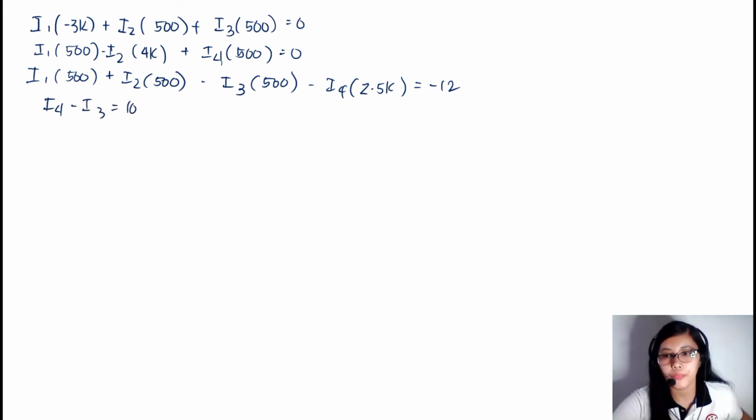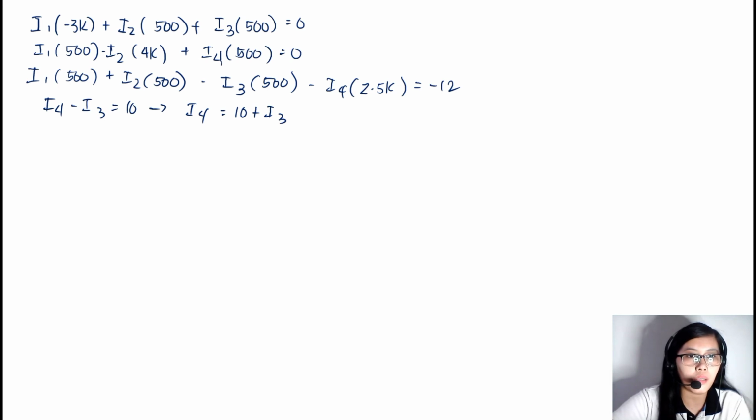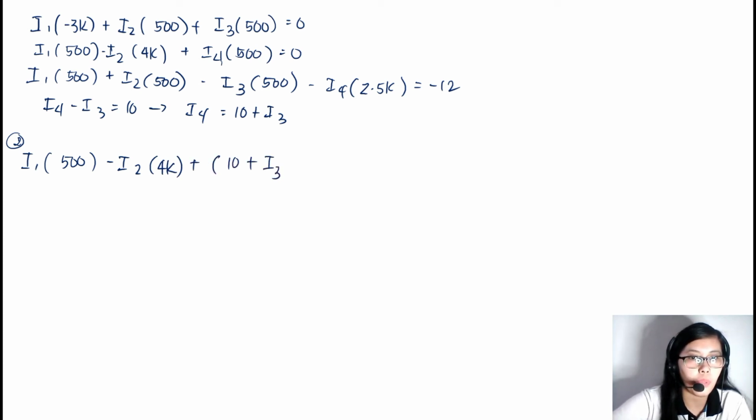Now we can express the fourth equation as I4 is equal to 10 plus I3, and we can substitute this into equation 2 and equation 3 so that we will have 3 equations, 3 unknowns, I1, I2, and I3 only. Let's do that in equation number 2 first. So this will be I1 times 500 minus I2 times 4K, plus I4, which is 10 plus I3, multiplied by 500, equal to 0.